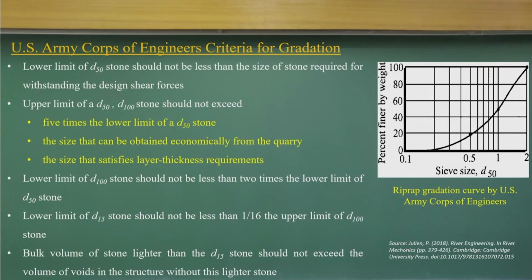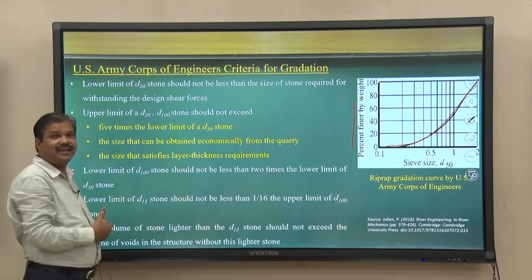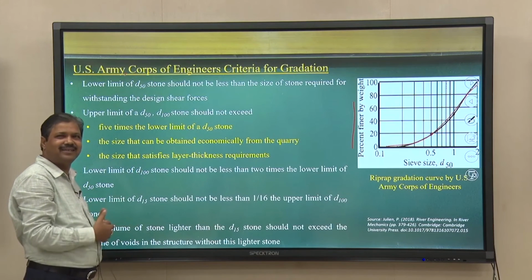Now, if you look at some of the design guidelines, this is the particle size distribution of the riprap gradations, with D50, stone size, and percentage by weight. You need to do geotechnical investigations to know the stone materials you have, and the US Army Corps of Engineers have given all these design guidelines from their field experience. It is a very interesting thing.